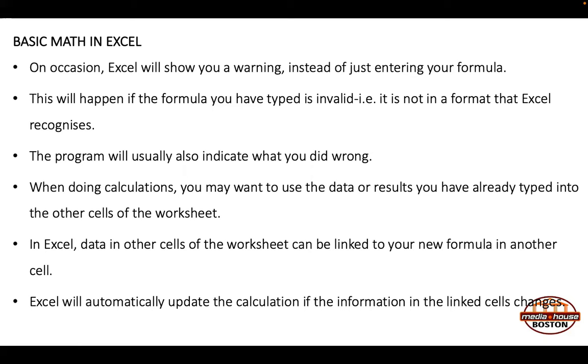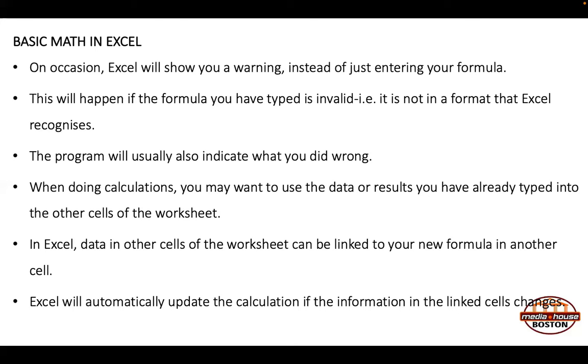The program will usually indicate what you did wrong. There'll be a pop-up box that says this is incorrect, or that is incorrect. Sometimes Excel can be quite difficult to understand if you don't understand the functions and how they work.